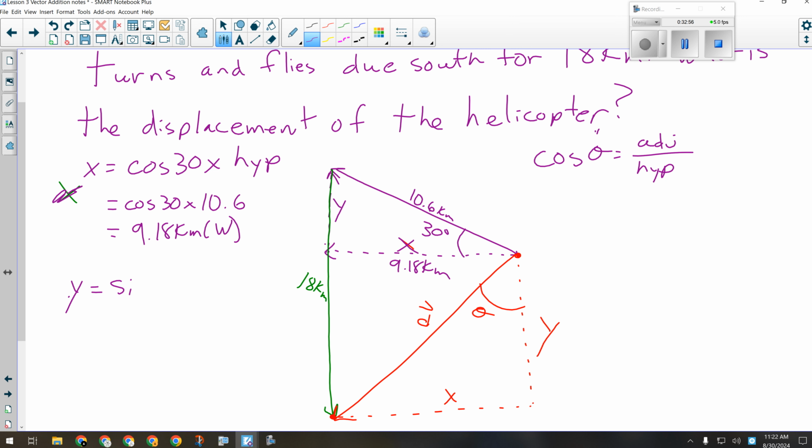So I'm going to go sine of 30 times 10.6. I think that should be 5.3 kilometers north, right? So now I know that this side is 5.3.